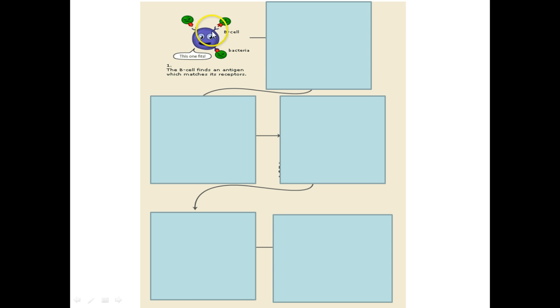Although this doesn't look like it, what is another name we give to the B cell receptor? What is actually coating their surface? It actually has two names. Immunoglobulins. So what's another name for an immunoglobulin? Antibodies.